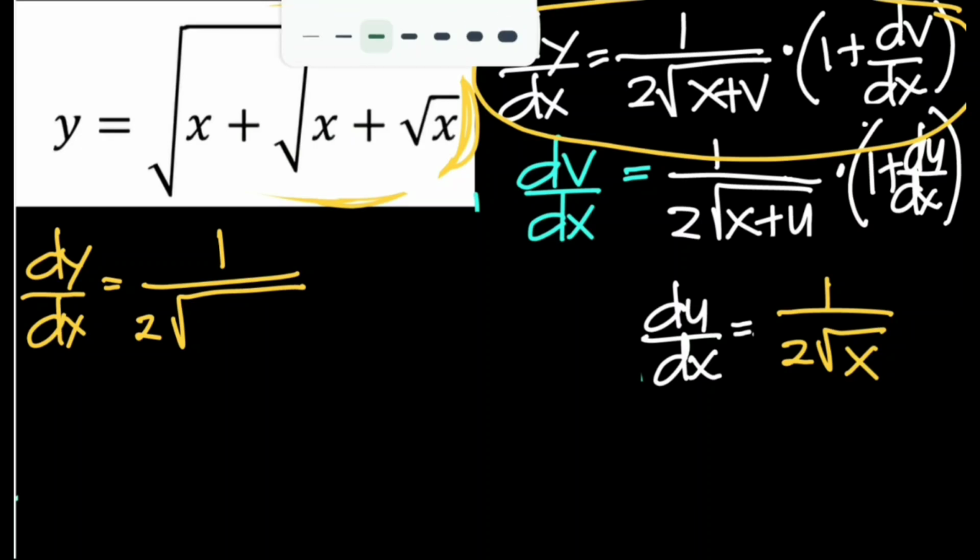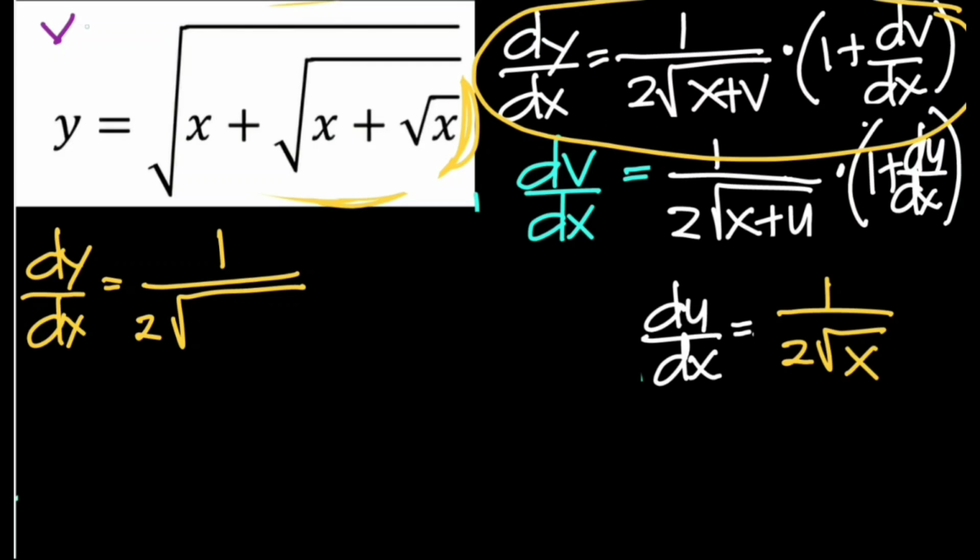Let me write that here. In the beginning, we let v as square root of x plus u, and then y equals square root of x plus v, and u equals square root of x.